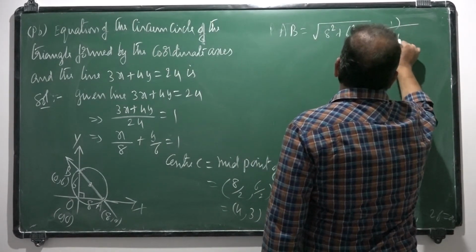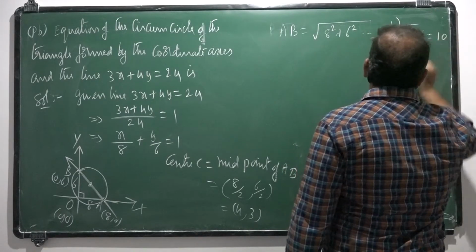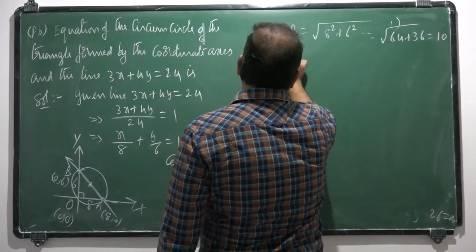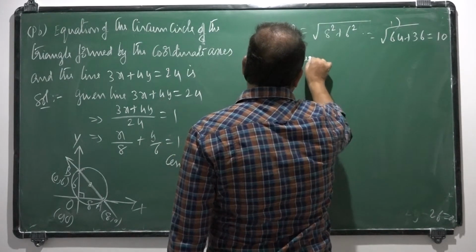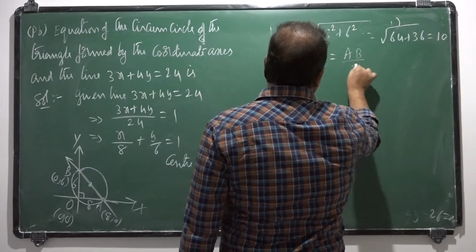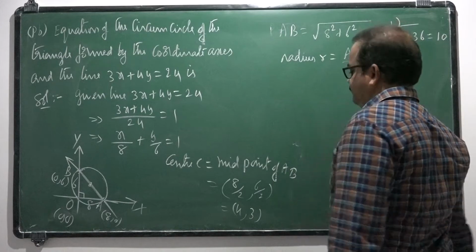Square root of 64 plus 36. Root 100. That is equal to 10. Therefore, radius r is equal to AB by 2, 10 by 2. That is 5.